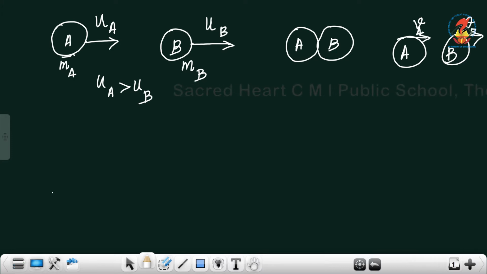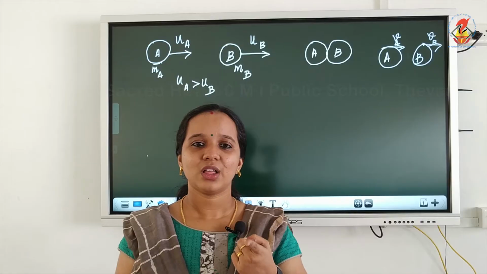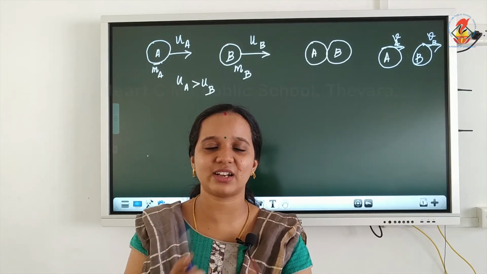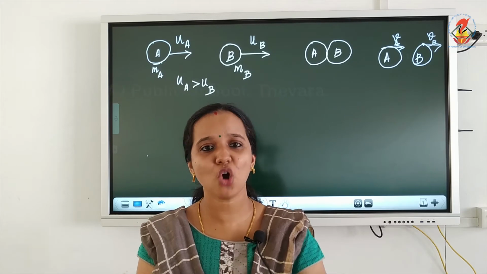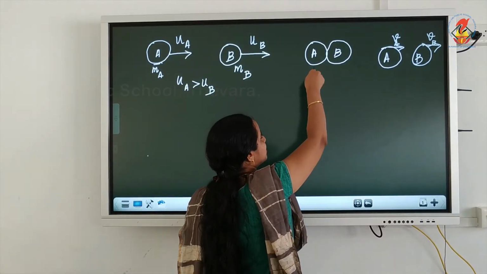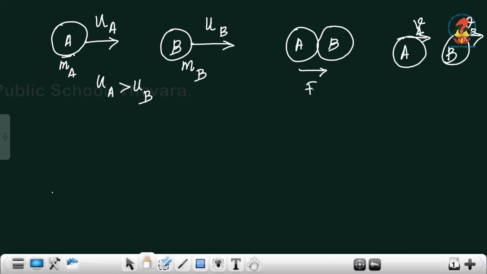During collision, forces will act between these two objects. That is, during collision, object A will exert a force on object B. Let us name it FAB. In turn, according to Newton's third law, object B also will exert a force on the first object.